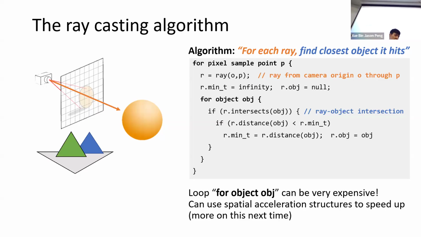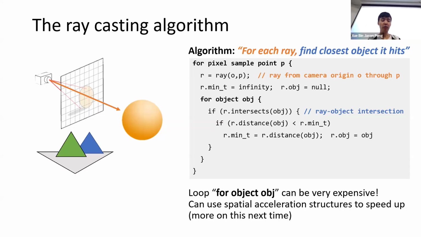So if you have a complex scene, there might be many thousands of objects in the scene, and each object might be composed of hundreds of thousands of triangles, which means that there are lots and lots of ray triangle intersection tests that we are going to have to perform for every single pixel that we're trying to draw in our image. So the brute force implementation of this raycasting algorithm can quickly become extremely expensive and very slow.